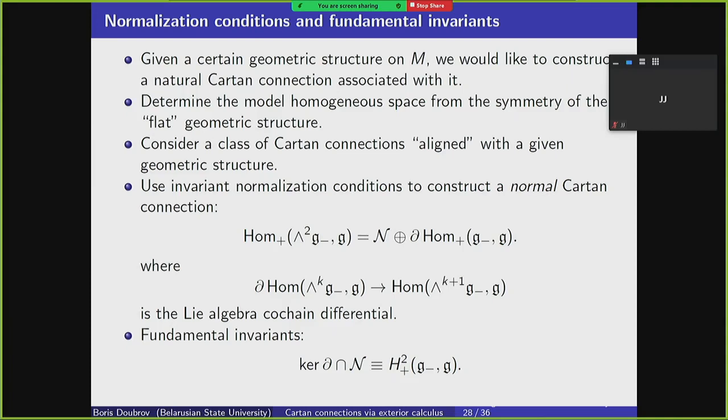And this cohomology, we can compute. What is important about these cohomology spaces is that we do not need to know how the Cartan connection looks like explicitly before we understand where our invariants fit, if you are able, of course, to compute this cohomology. So there are some techniques.